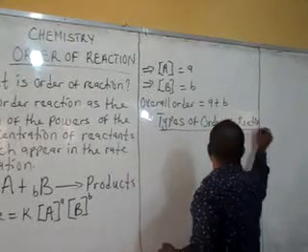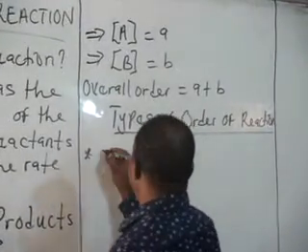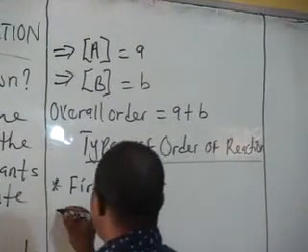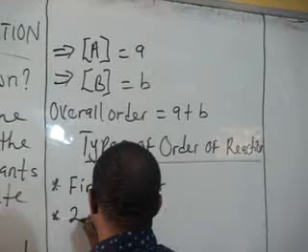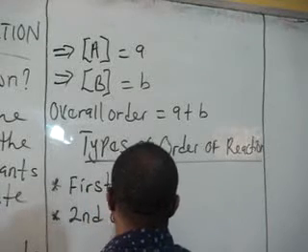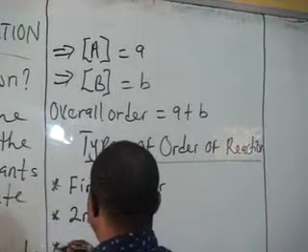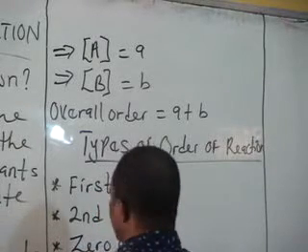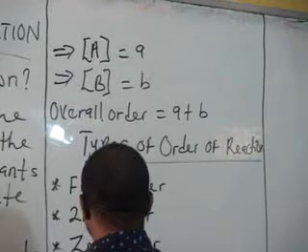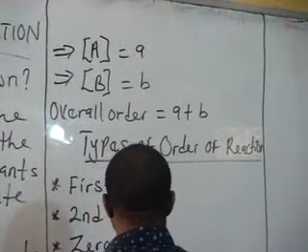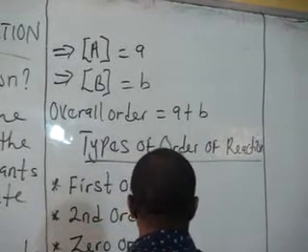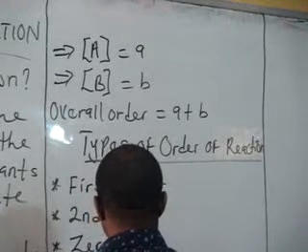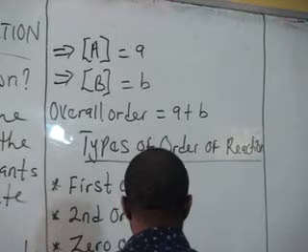Now we have different types of order of reaction. We have first order, second order, zero order, then we have pseudo first order, and we also have pseudo second order.